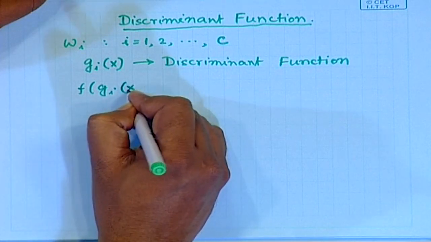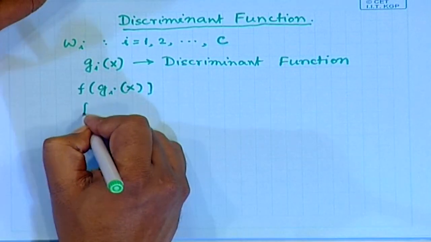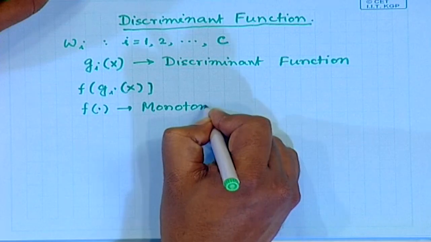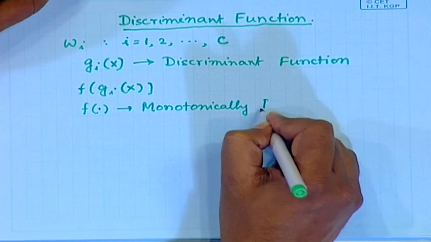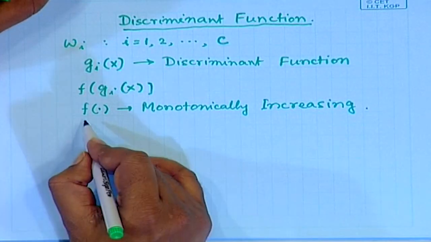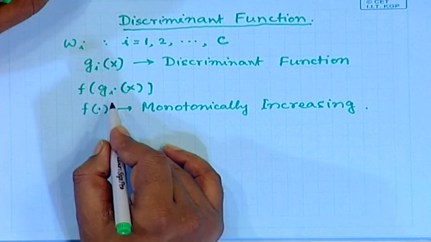So, if I can identify any function f which is monotonically increasing, then the function f applied on g i of x also serves the same purpose as a discriminant function, because for whichever value of i g i of x is maximum, for the same value of i f of g i of x will also be maximum.